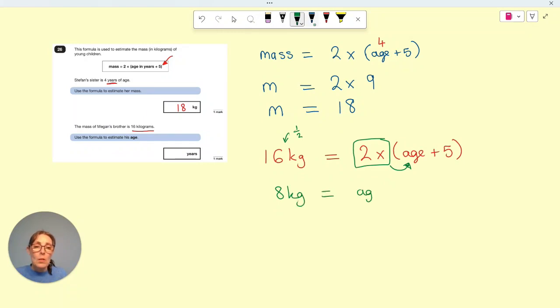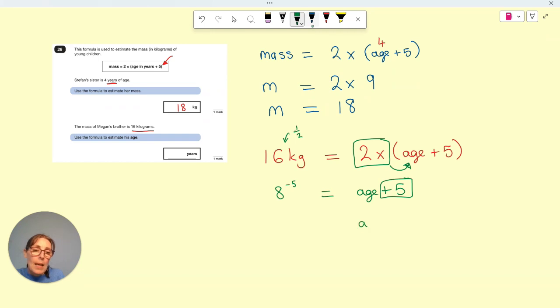And now I just need to work out this bit here. If it's add 5 on that side, maybe it's take 5 on that side. I'm just going to take off the kilograms there because it's making it more confusing.